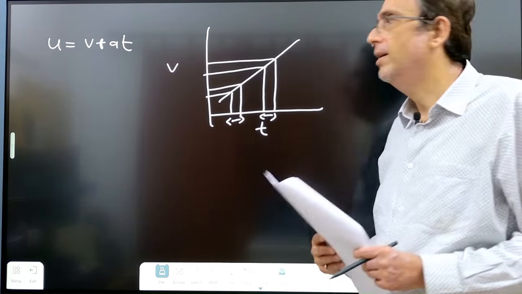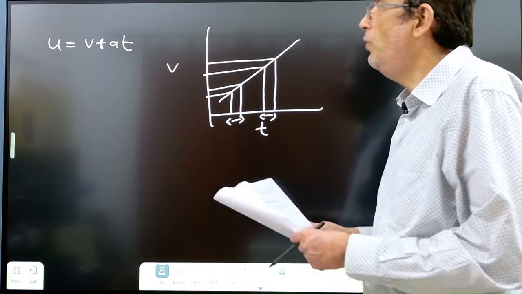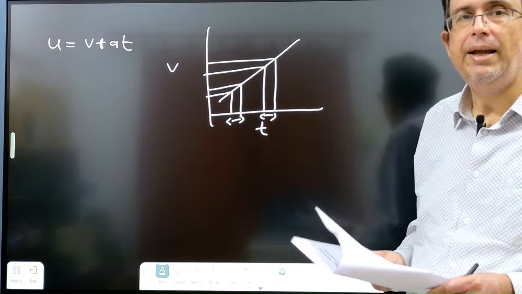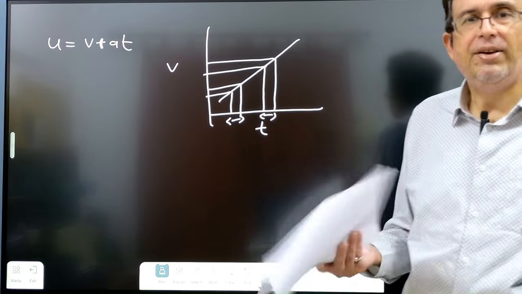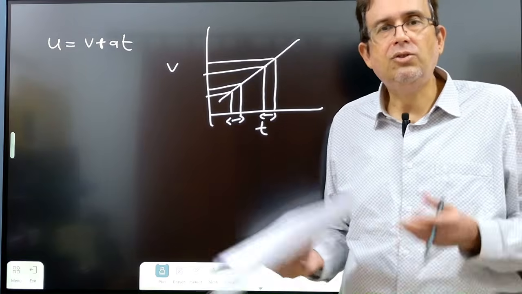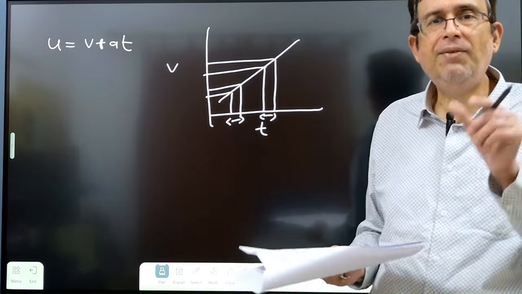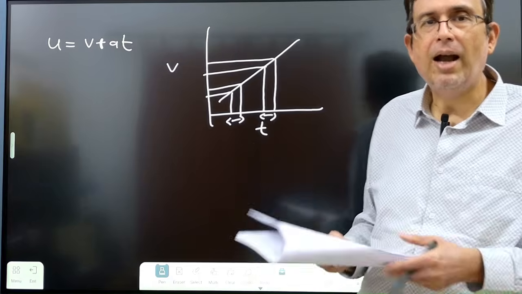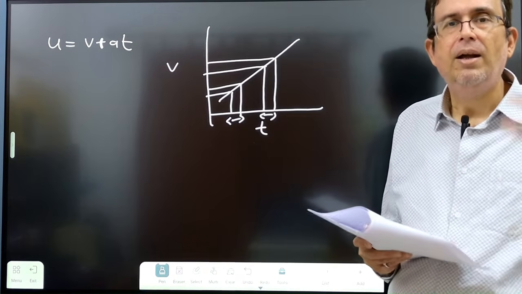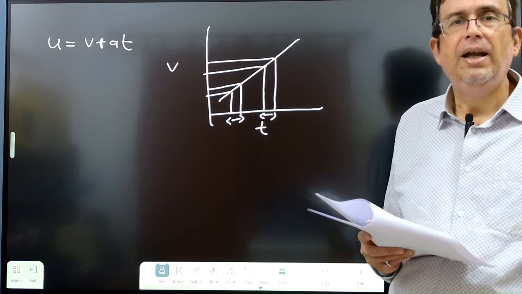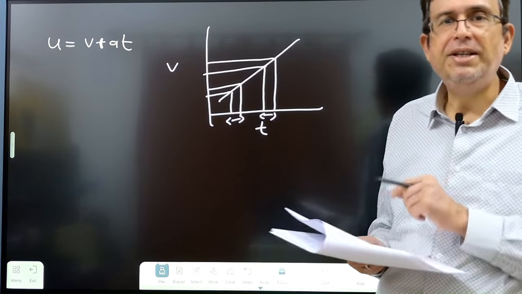And in that case, what would be the acceleration? It would be the slope of the graph. It's the rate of change of velocity. So delta v by delta t will give you the slope of the graph. As you know from the concept of the slope of the graph, the rate of change of velocity is the slope of the graph in the vt diagram.